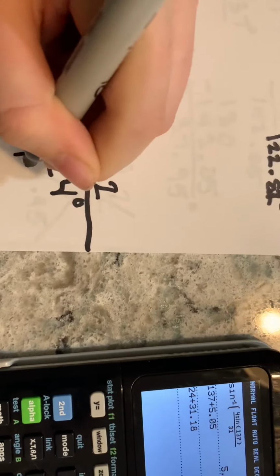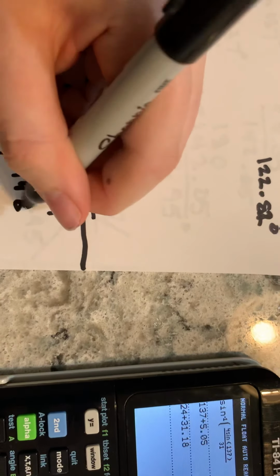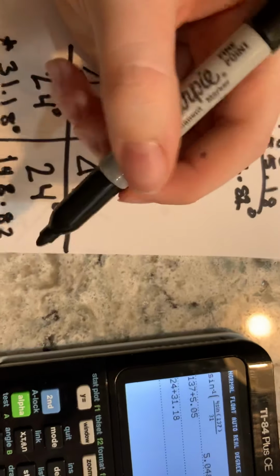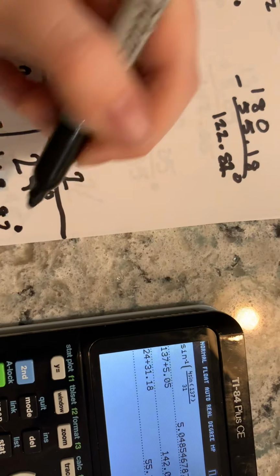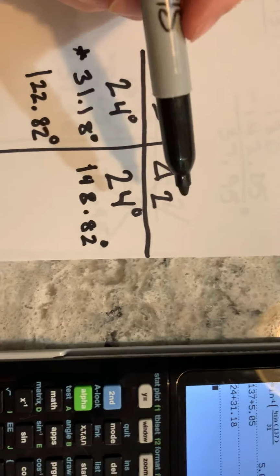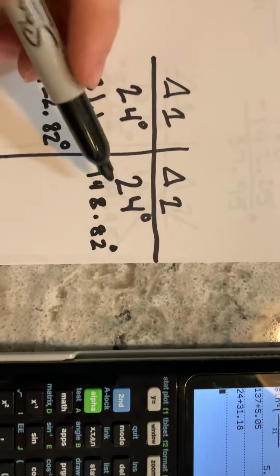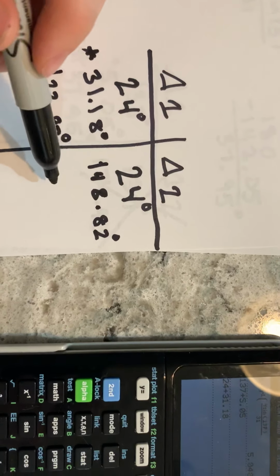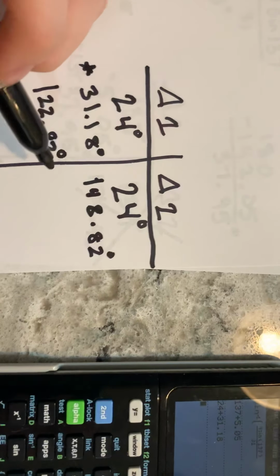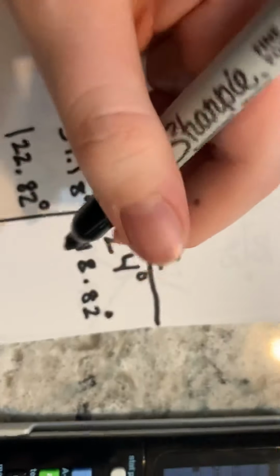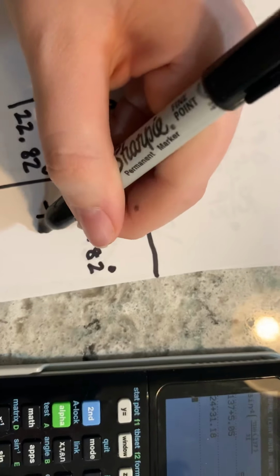So we come over here, 148.82. Now the easiest part of this so far, now that we have that one triangle into the beginning of a second, is we add these two numbers together and subtract from 180 to find the value of our last angle, which is 7.18.